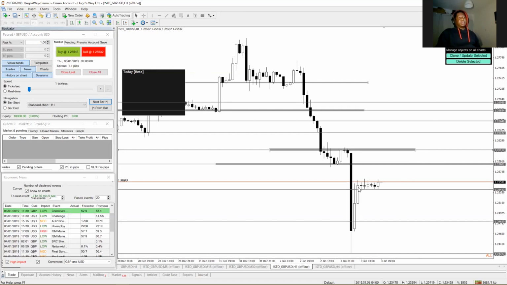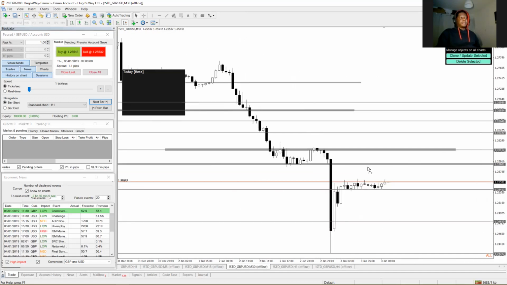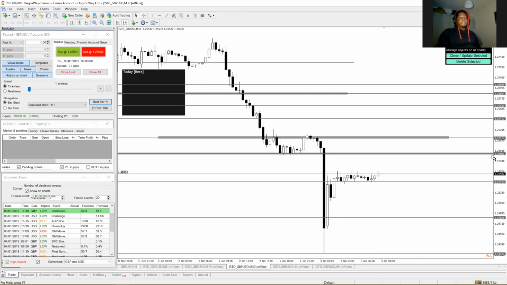And yes, now if we can break below this support, then we can take the sells to the downside. Or if you see resistance below here, then we can take it to the downside as well. So on 30 now. So we'll see what happens as we play this.